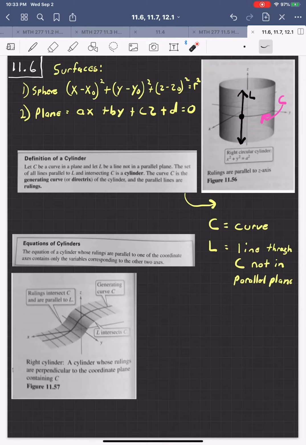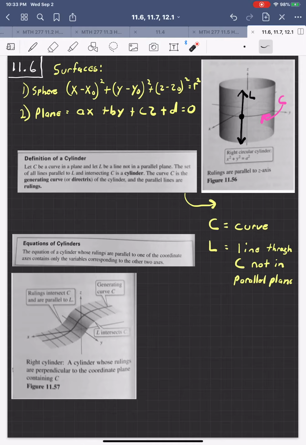I'll give L and C a name in just a second, but the set of all the lines parallel to L that intersect C is a cylinder. So if I were to draw another line parallel to L that touches C, and if I drew another one that's parallel to L that touches C, all of those lines form the cylinder.